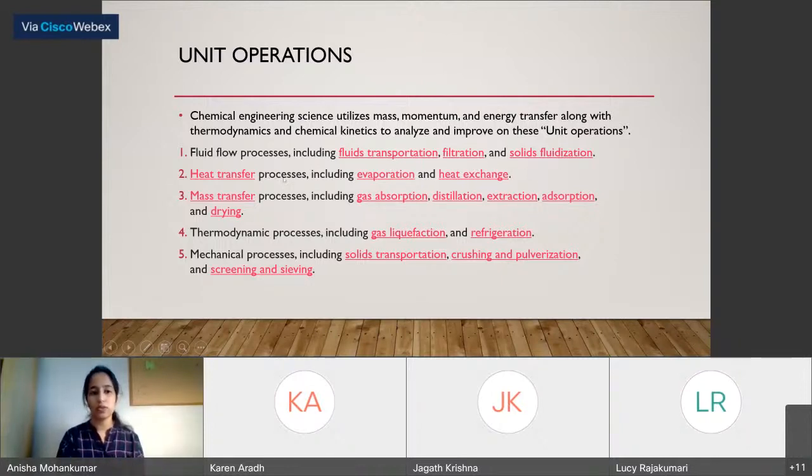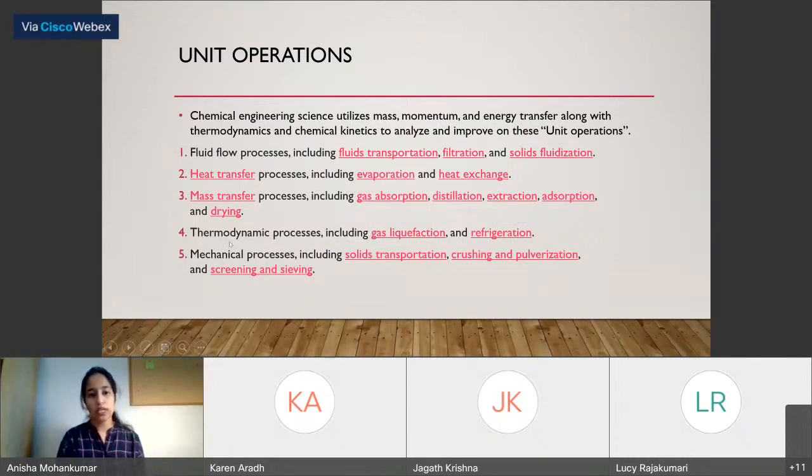For the heat transfer processes, where only heat is transferred and not mass, it's evaporation or heat exchange. Where mass transfer processes occur, where only mass is transferred, or how much mass is consumed, gas absorption, distillation, extraction, adsorption, and drying are employed.